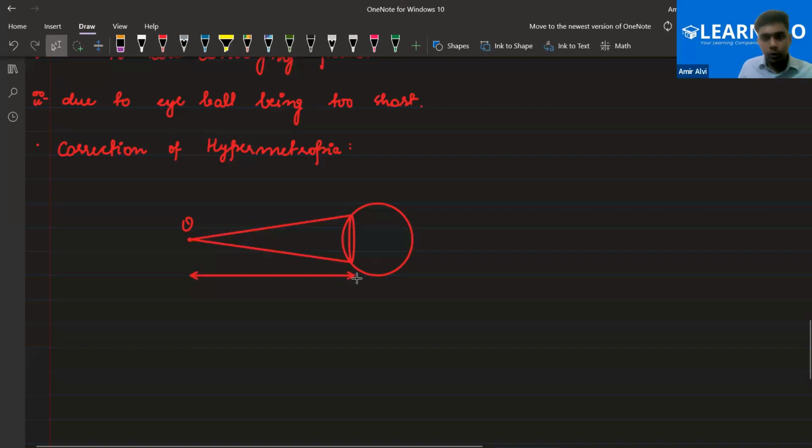If the object is placed nearby, the image should form at the retina. But due to the low converging power, the rays are not converged enough by the eye lens to meet at the retina. So the image is formed beyond the retina. Clear?